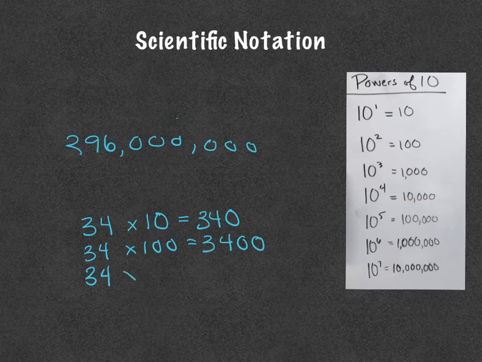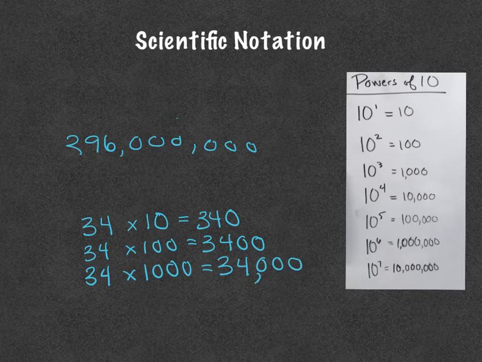If I did 34 times 1,000, I would get 34,000. Each time I multiply by 10, it gets 10 times bigger, which means the number pattern we're noticing here is that we're adding a zero each time, right? So times 10 we're adding a zero, times 100 we're adding 2 zeros, times 1,000 we're adding 3 zeros.